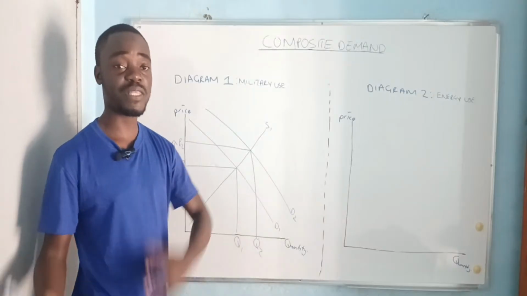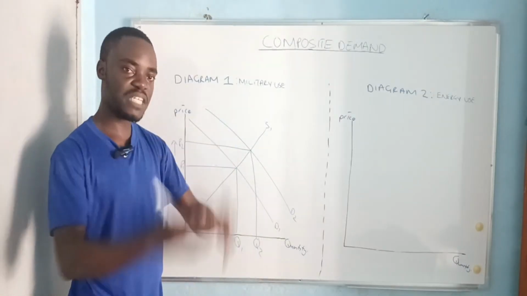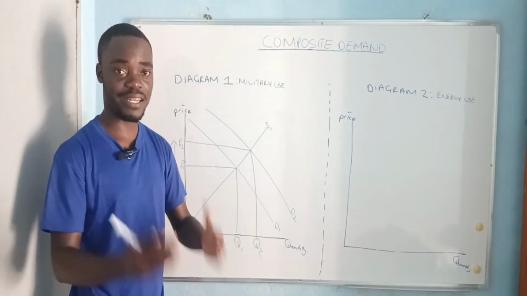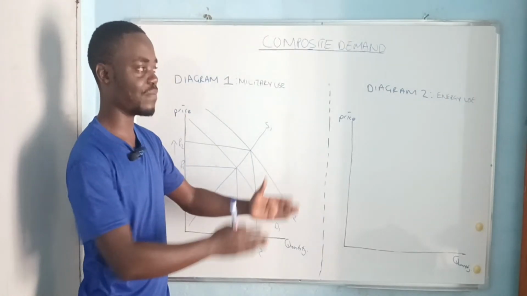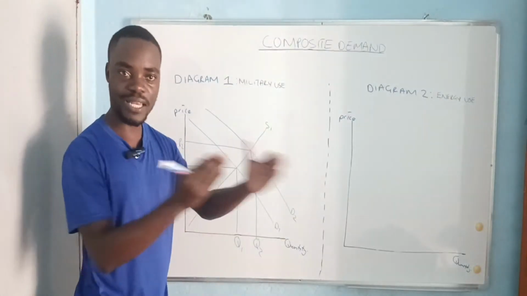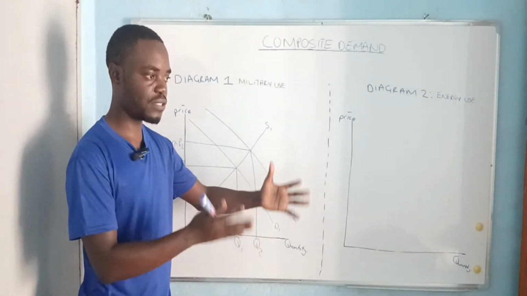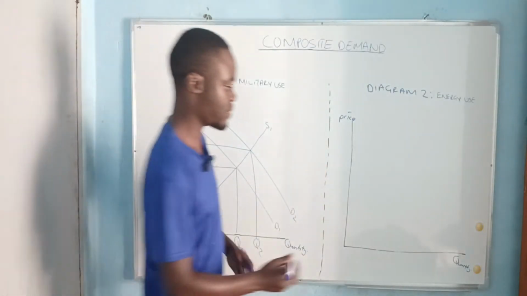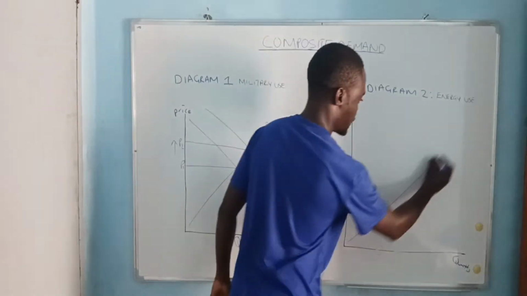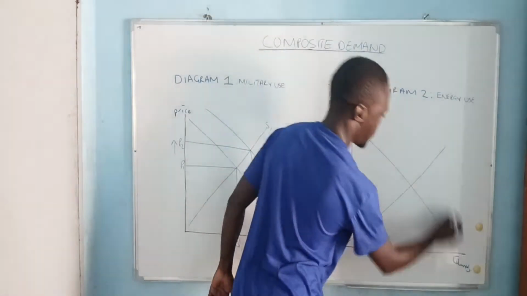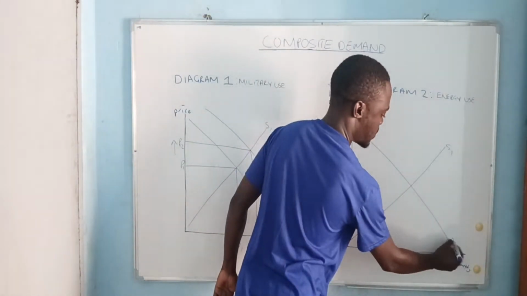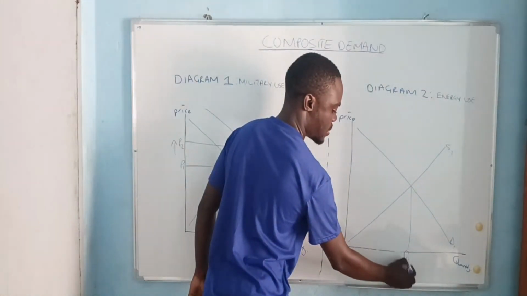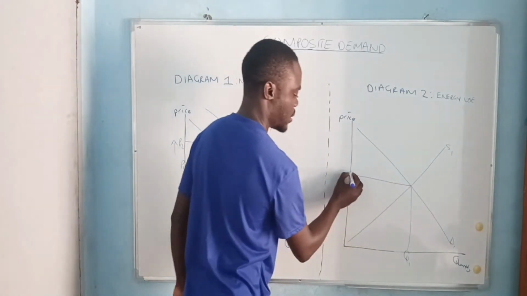They're supposed to be used at the same time, but because they've channeled the supply of oil towards more military use because of the USA and the Iran conflict, what happens in the diagram for energy use? There's going to be less oil to produce petrol and diesel for energy use. So we draw it like this: supply and demand, then you put our equilibrium where supply meets demand, call that Q1, call that P1.